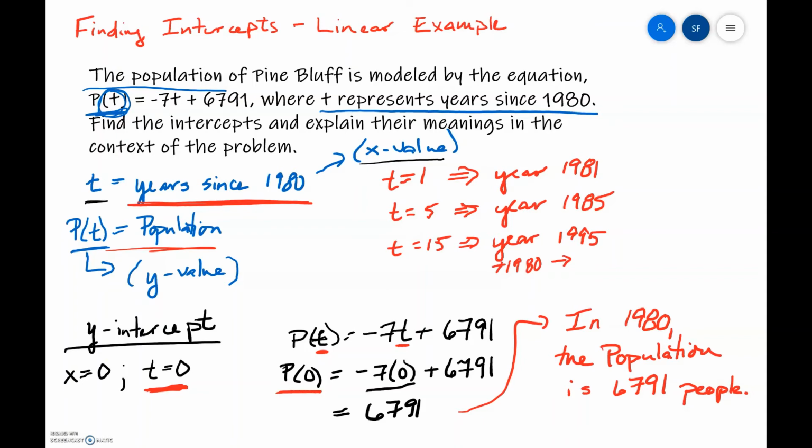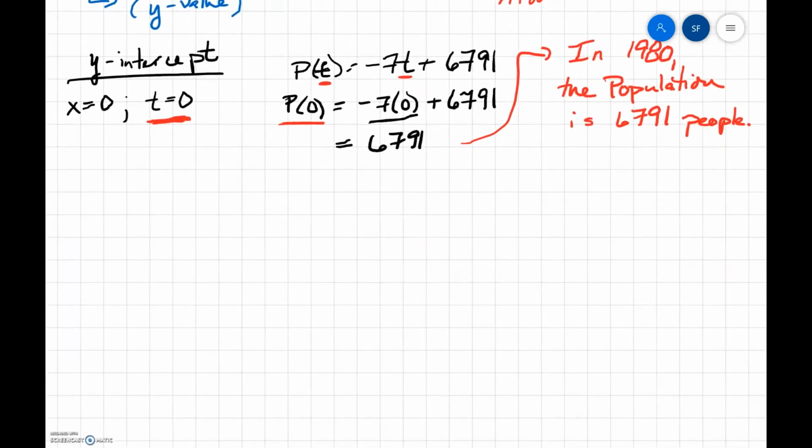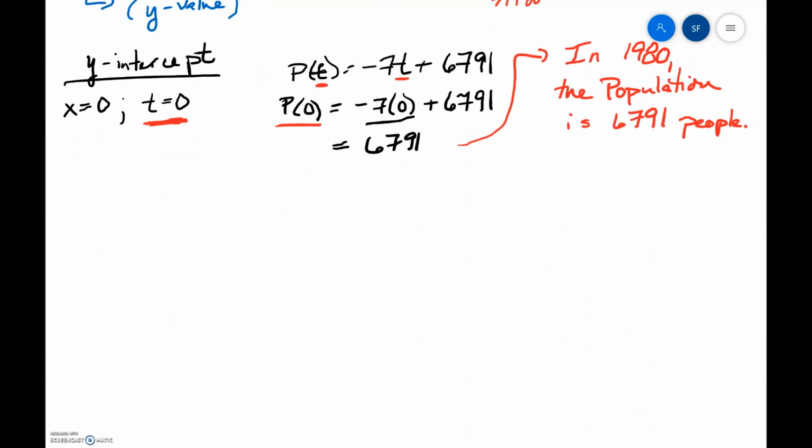So that's the y-intercept. Now let's talk about the x-intercept. For the x-intercept, we set y equal to 0. But again, our problem didn't include a y. We said that this notation P of t represented the y, so we're going to change that P of t into y.